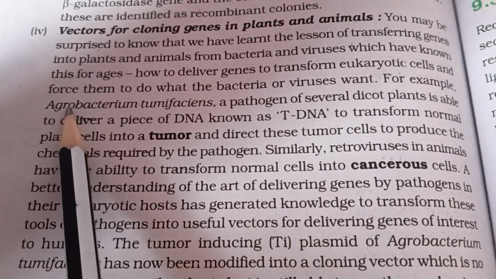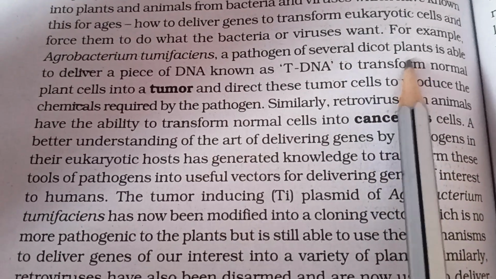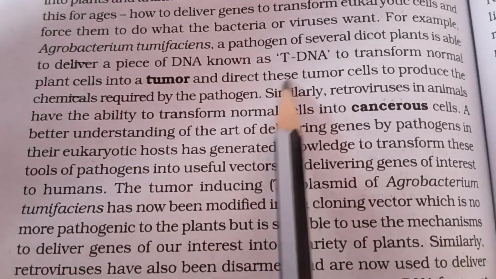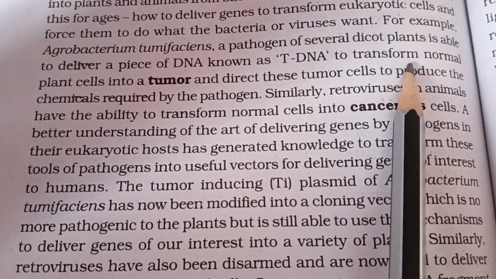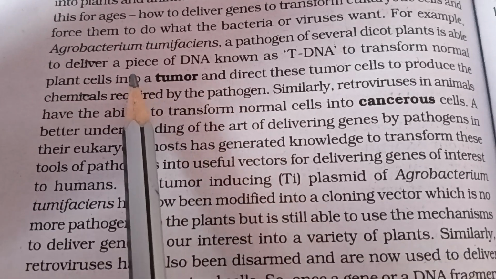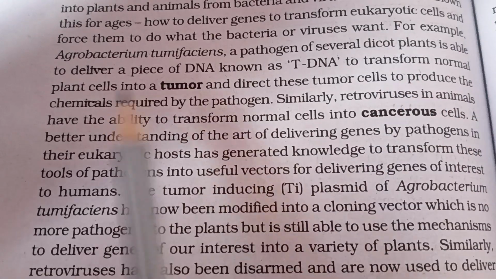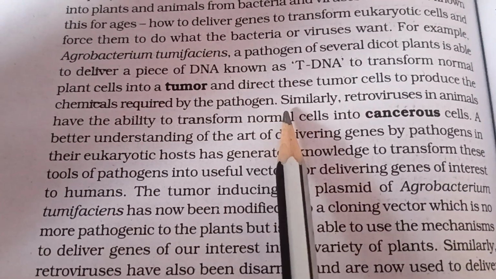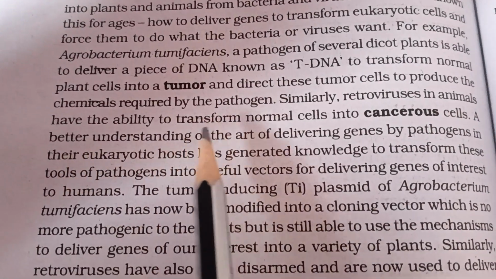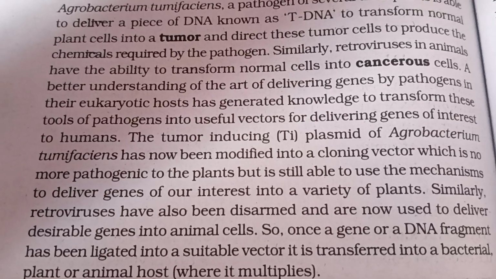For example, Agrobacterium tumefaciens, a pathogen of several dicot plants, is able to deliver a piece of DNA known as T-DNA to transform normal plant cells into a tumor and direct these tumor cells to produce the chemicals required by the pathogen. Similarly, retroviruses in animals have the ability to transform normal cells into cancerous cells.